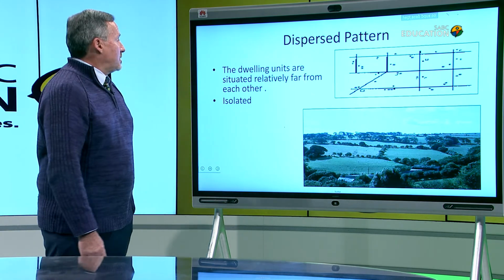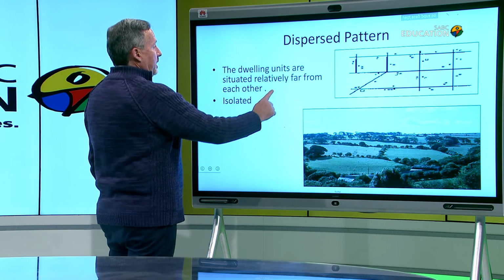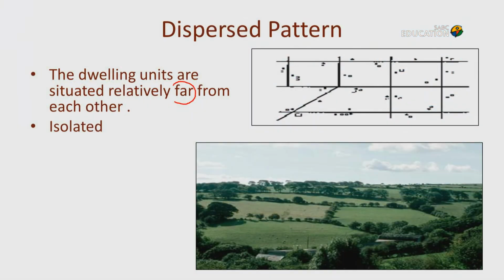A dispersed settlement, the key word here is this word far. And on our screen at the moment, the important thing is to have a look at these housing units. If you compare the one housing unit to the other, you will see that it is relatively far.